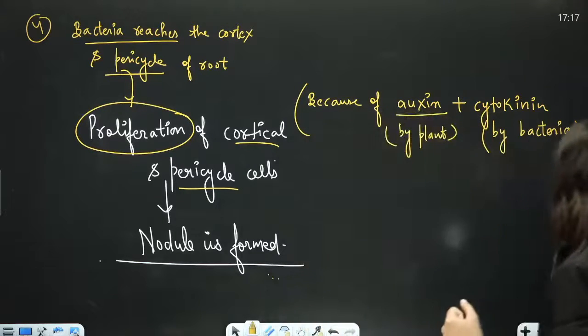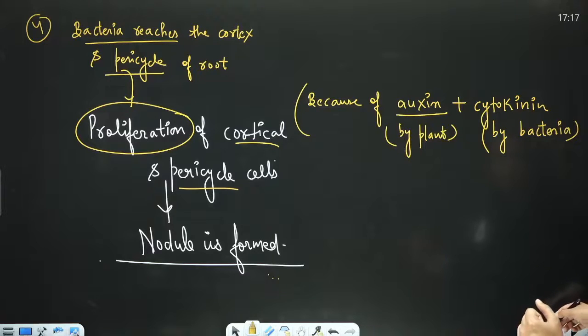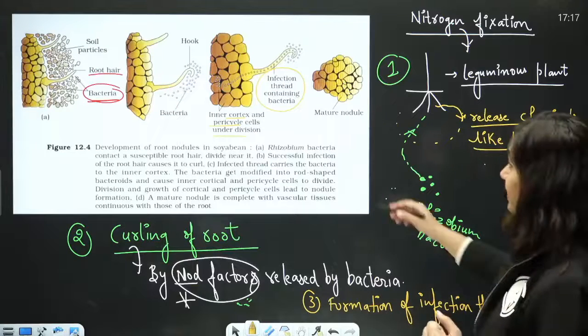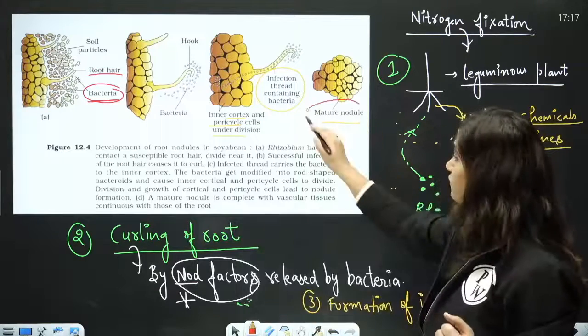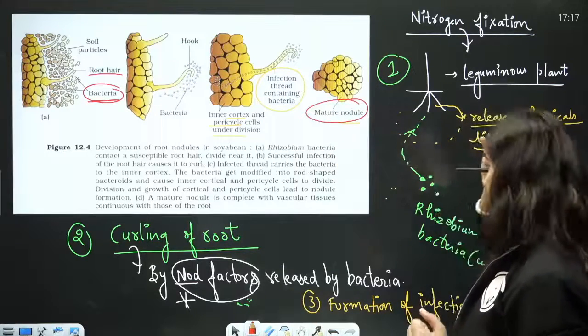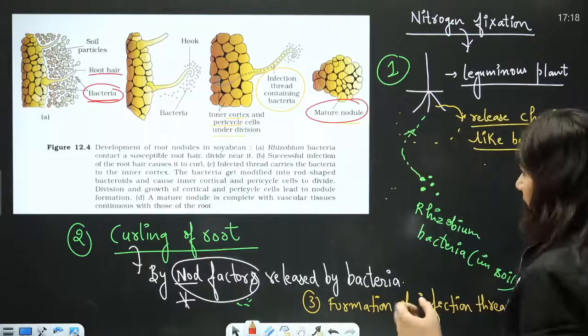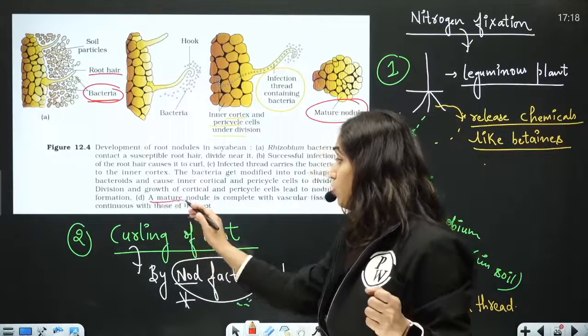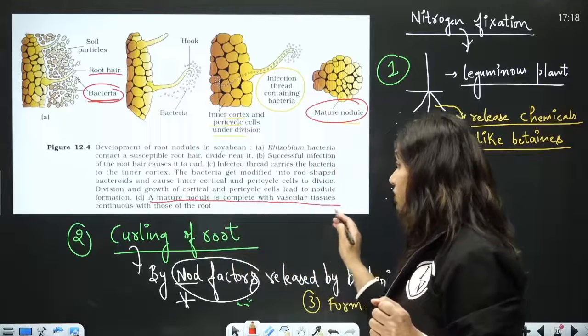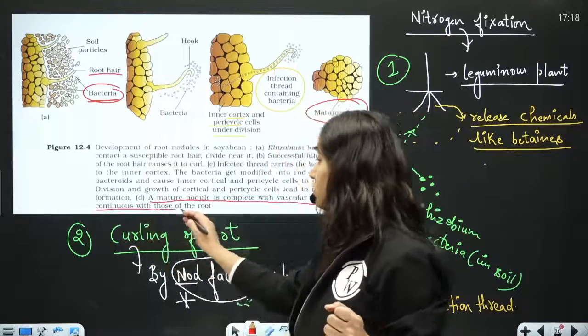Clear? Now, the question is, what happens inside the root nodule? So this is how a mature nodule is formed. And yes, one more important point, NCERT has written it: a mature nodule is complete with vascular tissues continuous with those of the root.